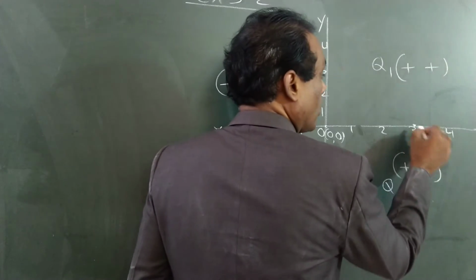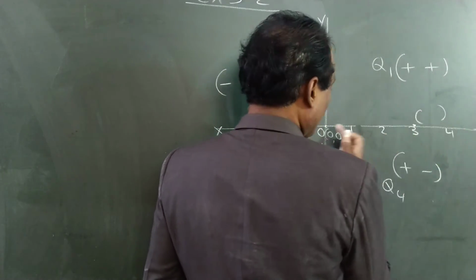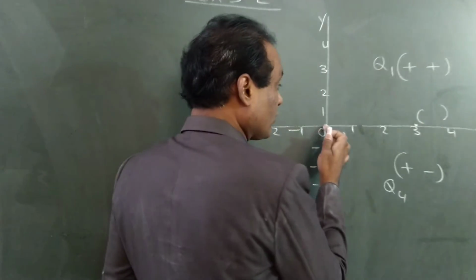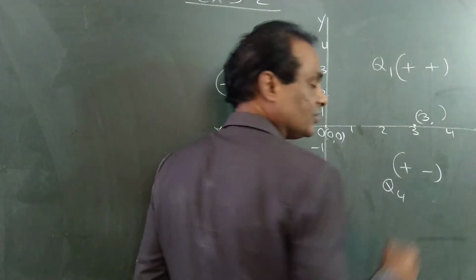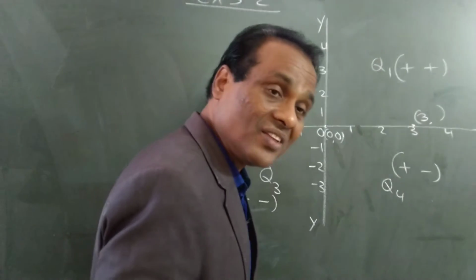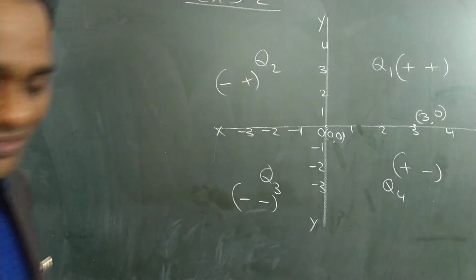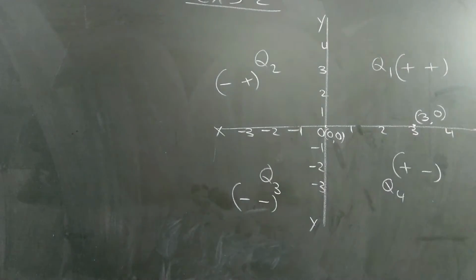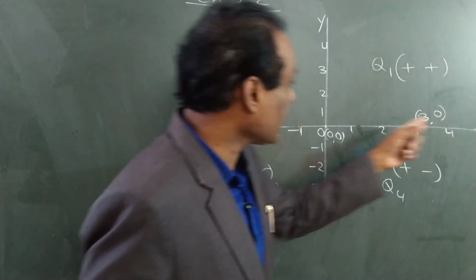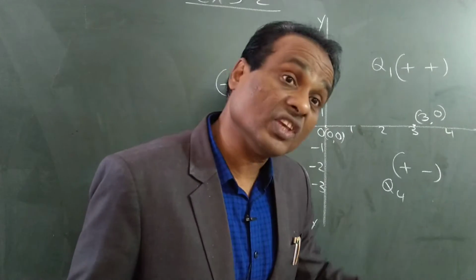Suppose I want the point here. What is this point? First we write the x value. What is the x value here? 3. What is the y value? 0. X value 3, y value 0. So at any point on the x-axis, the y value is 0.